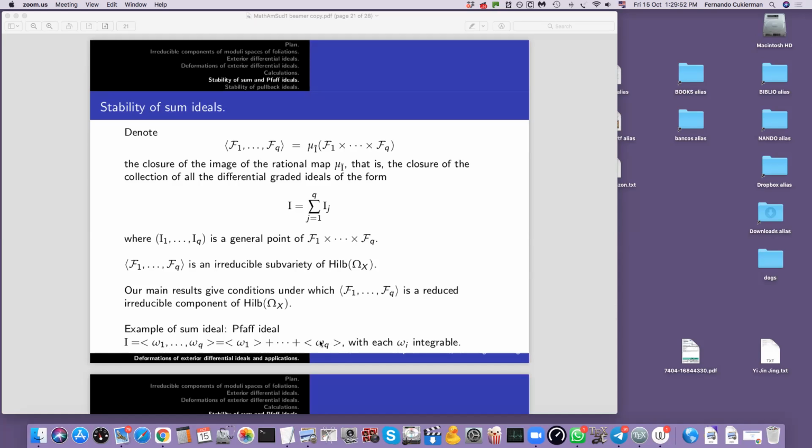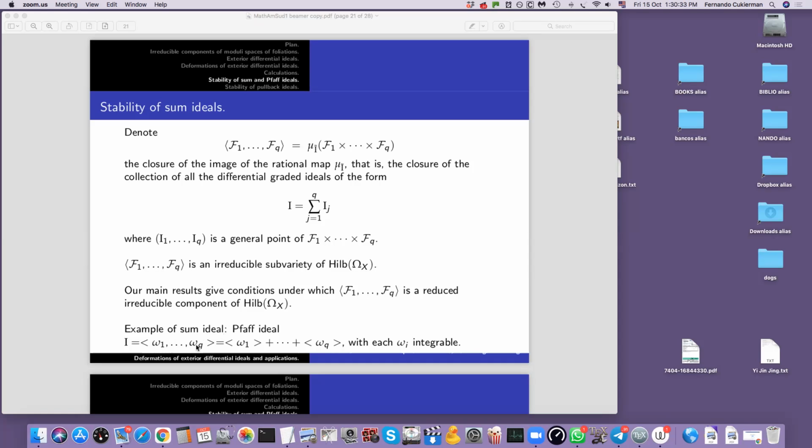And if each of them is integrable and each of these varies in an irreducible component, then our result will imply conditions under which this codimension Q ideal also fills out an irreducible component. One example is, if I take each of them logarithmic, as I said before, this will give the stability of logarithmic FAF systems of codimension Q.